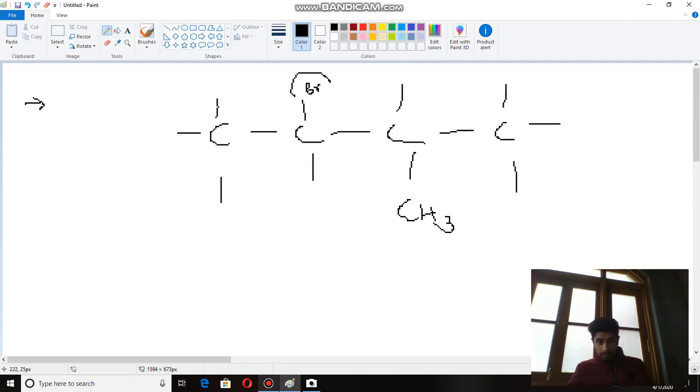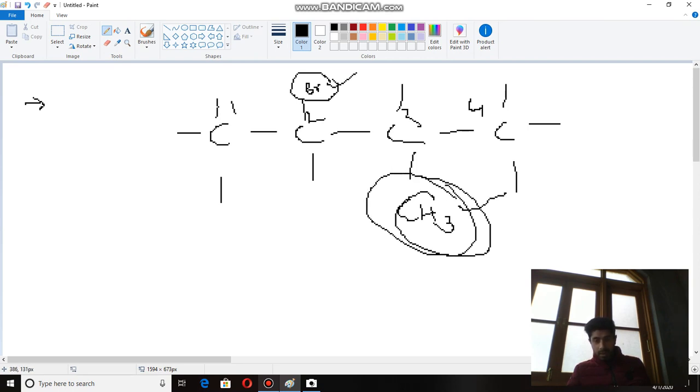So how to name these type of compounds? See, it's 1, 2, 3 and 4. Now here also choose the alphabetic order. This is methyl, I hope you remember. This is methyl and this is bromine.